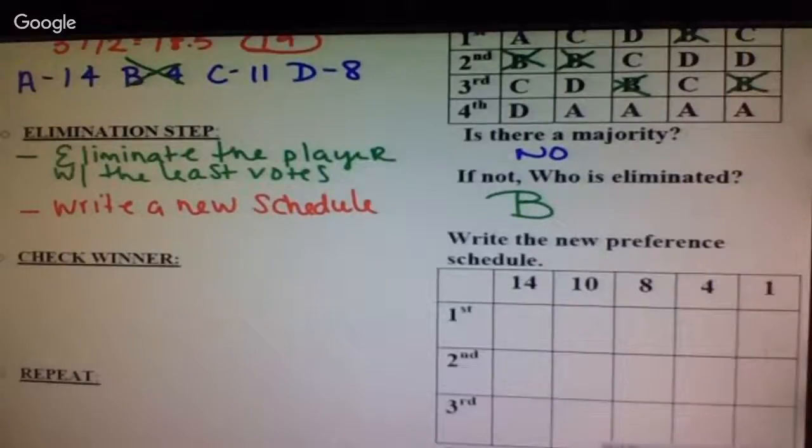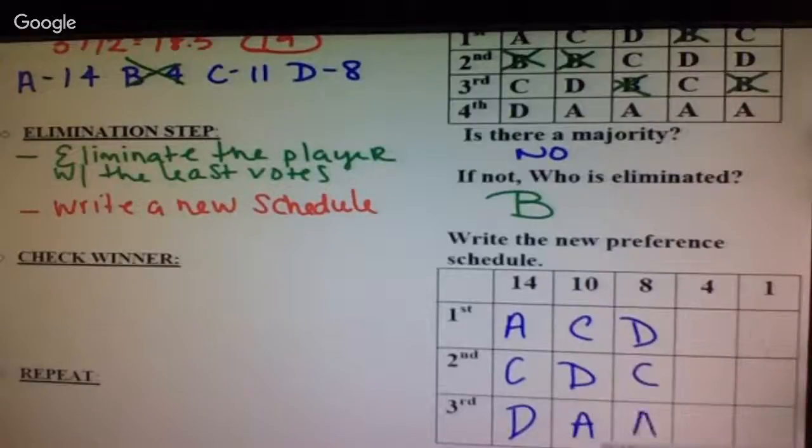Okay, so my first row, now that B is removed, becomes A, C, D. My second column becomes C, D, A. My third column becomes D, C, A. D, C, A again.